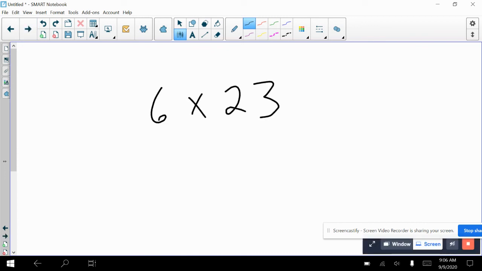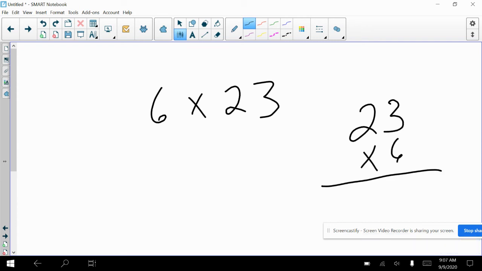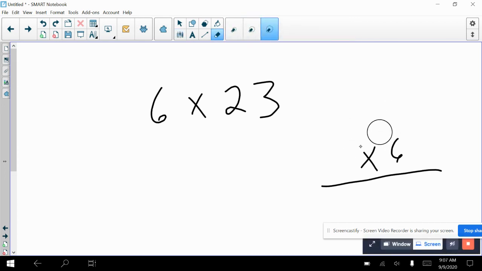What if you have this simple multiplication problem? 6 times 23. Okay, in elementary school, you probably did this, yes? And that's fine. That's if you just wanted the answer.